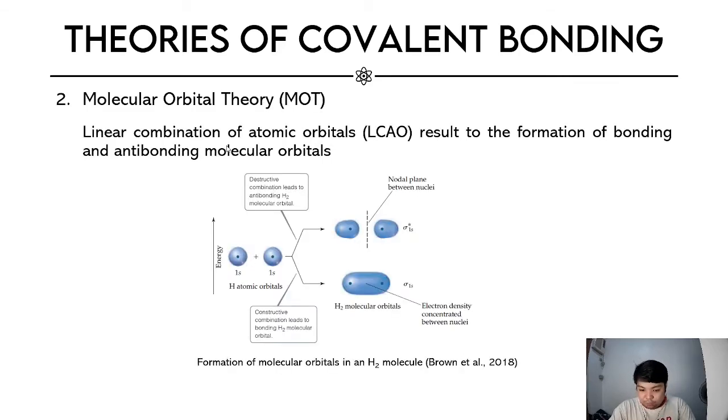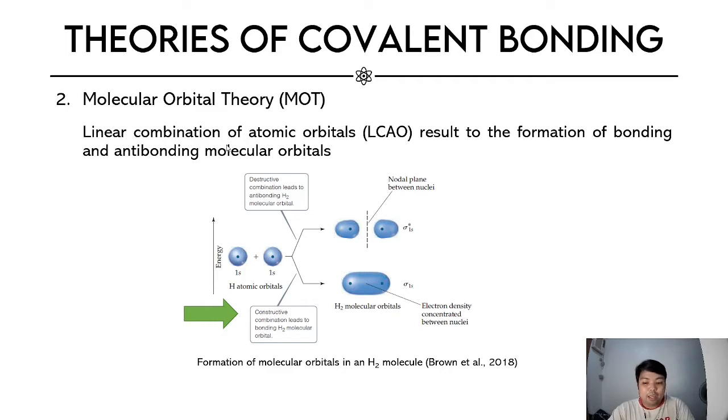So, when atomic orbitals combine, there are two possible ways. The first possible way is what we call constructive combination. By the way, the molecular orbital theory is actually an application of the Schrodinger equation, but Robert Mulliken applied it to covalent bonds and to molecules.